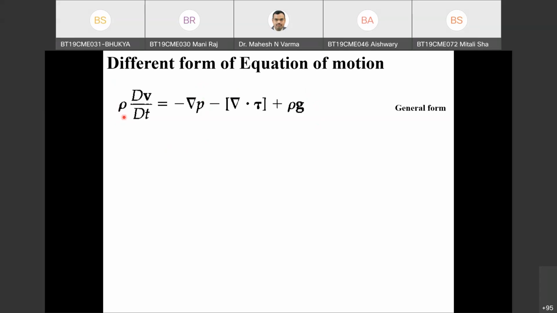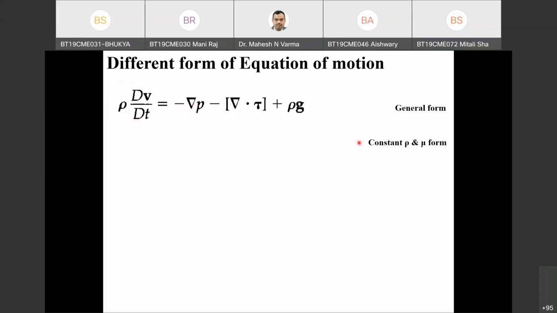You need not remember all 9 equations. What you need to remember is the compact form: rho times the substantial time derivative of velocity equals minus del p minus del dot tau plus rho g. You can get back all 9 equations provided you know the definition of del for each coordinate system, and how del, del dot, and the substantial time derivative operate.